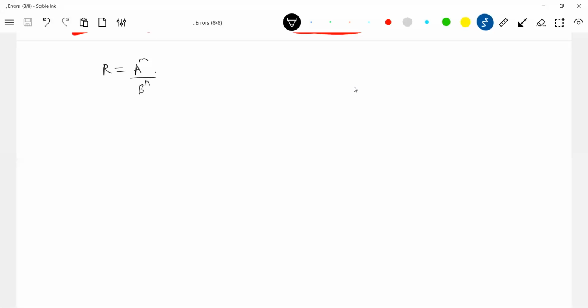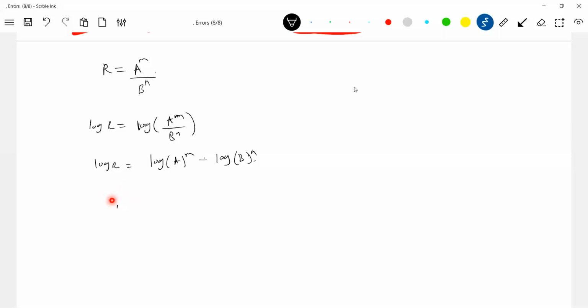Shall we take log on both sides? Log R is equal to log of A to the power of m by B to the power of n. So log R equals m log A minus n log B. I'll differentiate this.